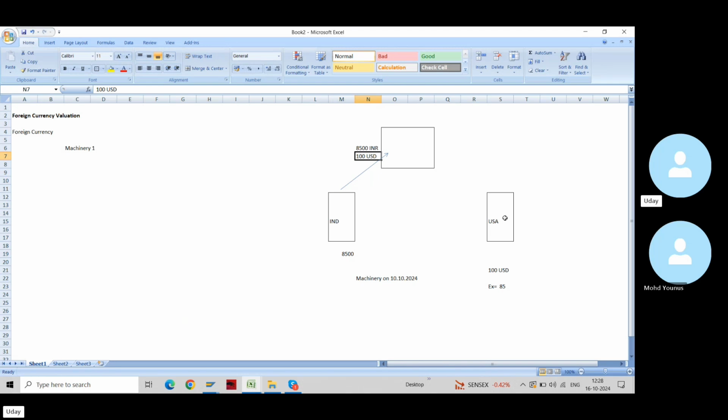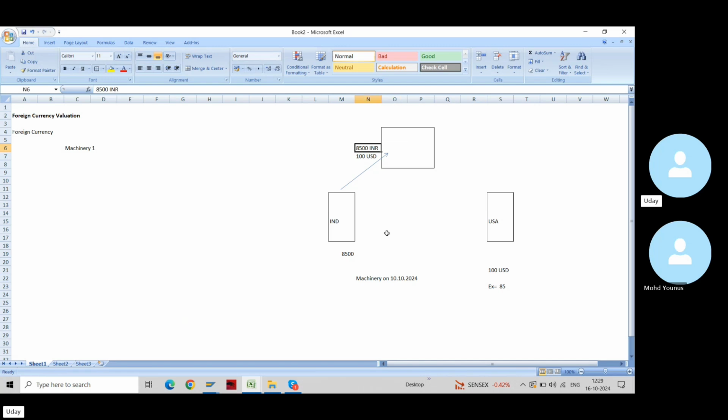Then you can make the payment to foreign vendors in their local currency. Now I am converting my local currency into USD and making the payment to the USA vendor.